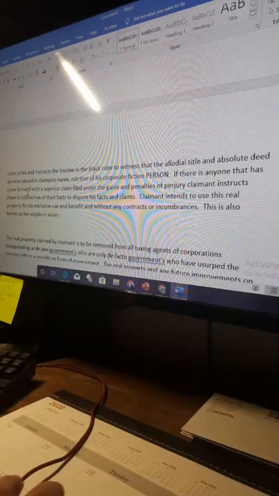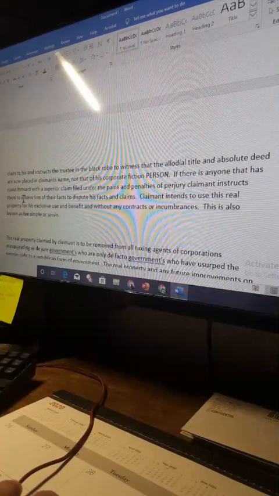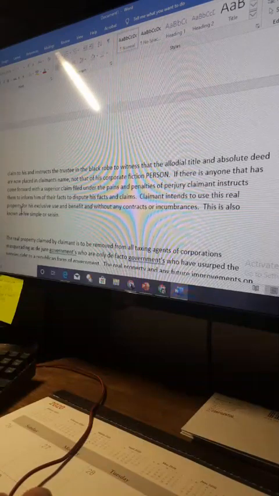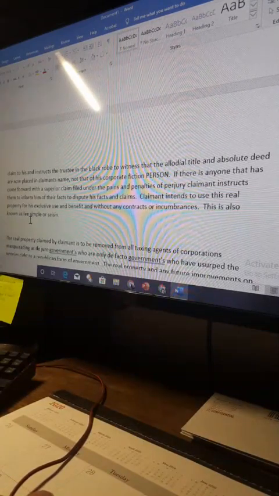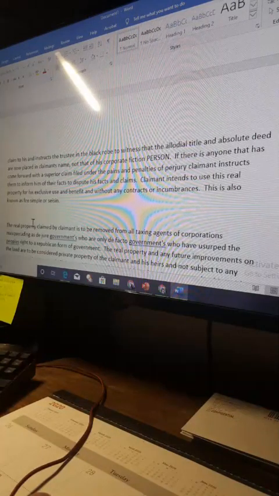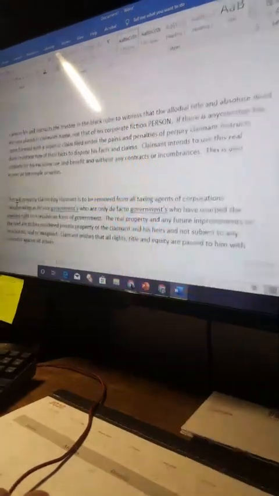his corporate fiction person. If there is anyone that has come forward with superior claim filed under the pains and penalties of perjury, claimant instructs them to inform him of their facts, to dispute his facts and claims. Claimant intends to use this real property for his exclusive use and benefit and without any contracts or encumbrances. This is also known as fee simple or cession.